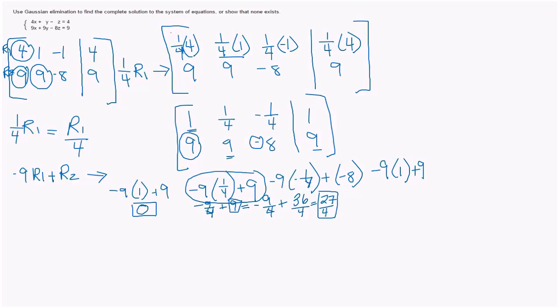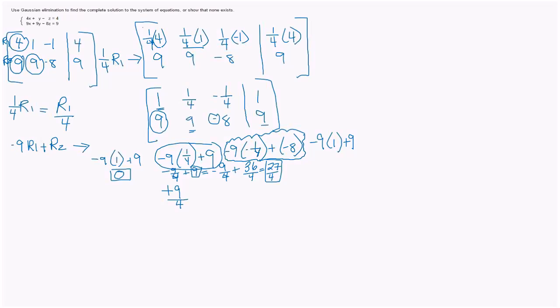And now I've got to do this one. I'm going to do that one right underneath here because I need a little bit of room. This is another one where I'm doing negative 9 times negative 1/4. So that's going to give me positive 9 over 4, subtract 8. So I simplified negative 9 times negative 1/4. Negative 9 times negative 1 gives me positive 9 over 4. And then I'm subtracting 8.